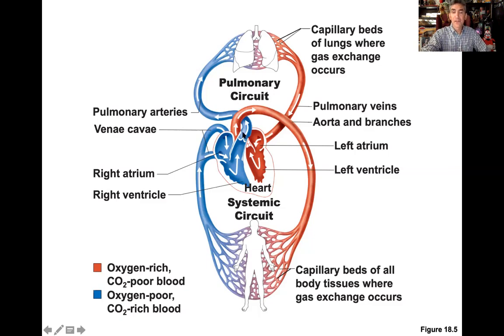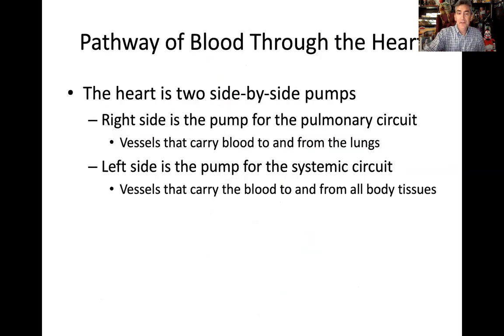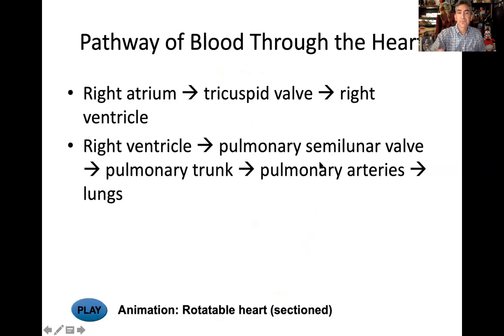And then the pulmonary circuit, we start out blue with no oxygen. We go to the lungs, pick up oxygen, and then come back to the heart. So important circuits here, right? So this is what this is trying to tell us, right? Pulmonary and systemic circuits.